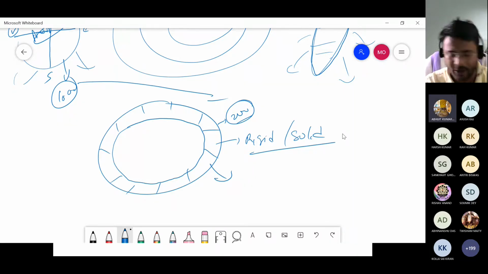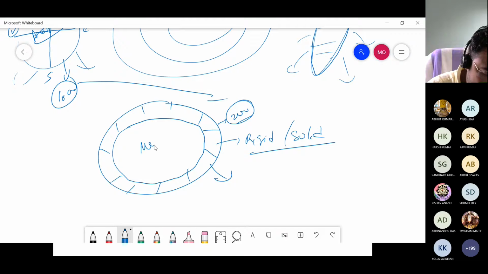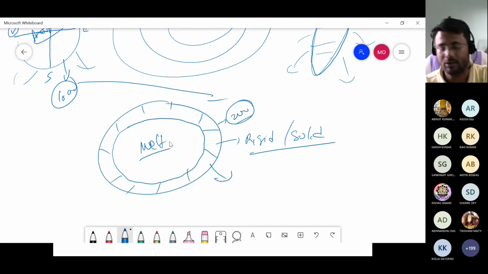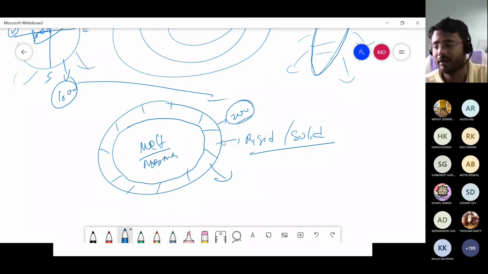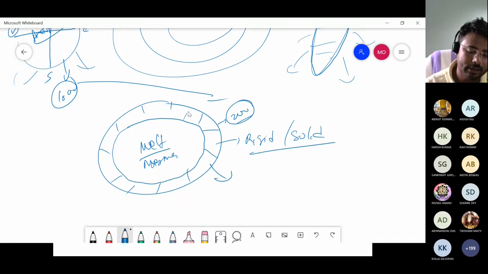Yes, sir. However, the internal part will still be in melt condition, or you can say magma. So in this way, what did we get? We got a segregated layer of crust. Understood?